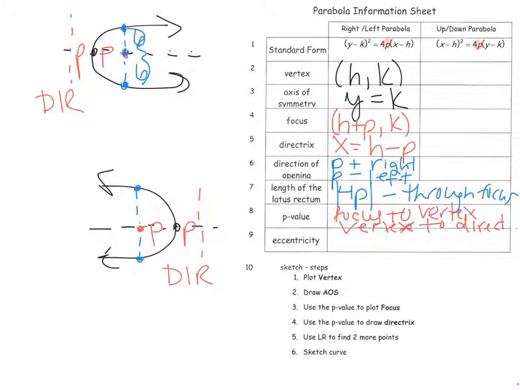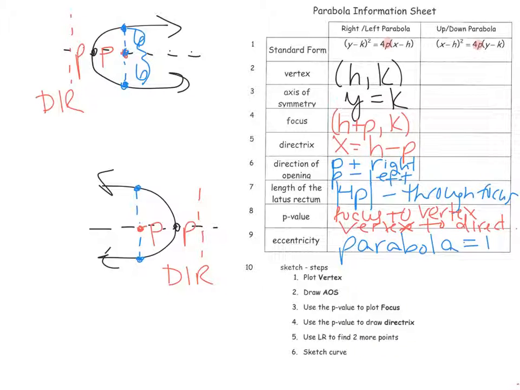So this p-value, right? You have a vertex. If you go p up from it or p right from it, you get the focus. If you go p down or p left, you get to the directrix. So the p-value is described as the distance from the focus to the vertex, and also it's the distance from the vertex to the directrix. And then the eccentricity, a parabola always will have an eccentricity of 1, and I will describe that a little bit more when I see you, but just take my word for it for right now. It is 1.